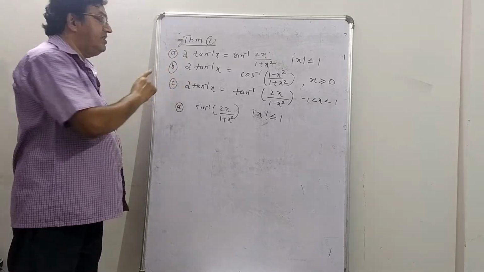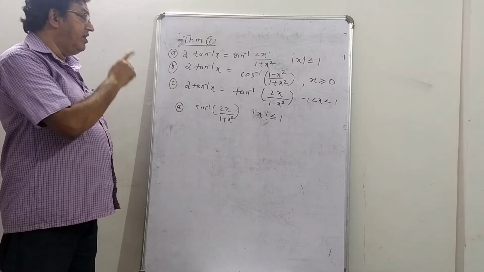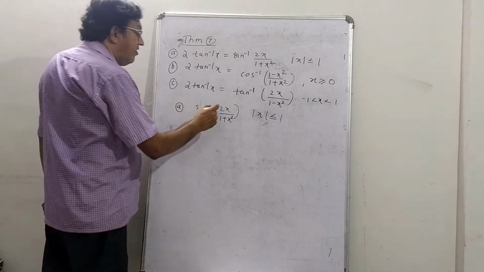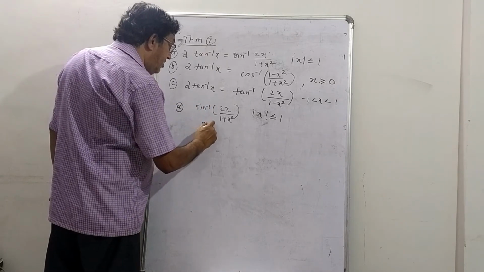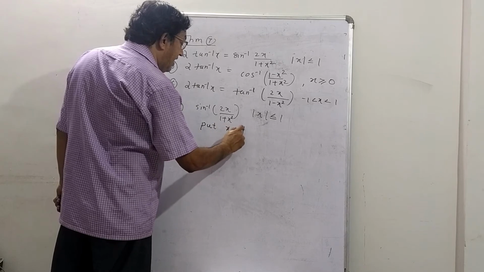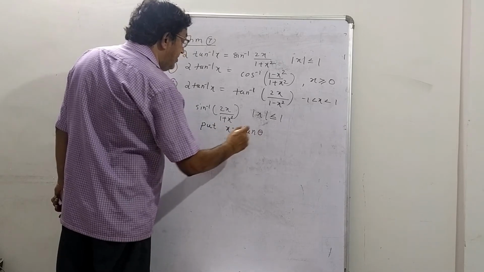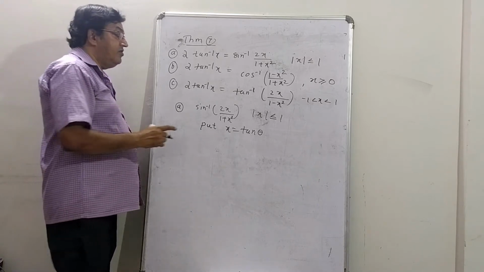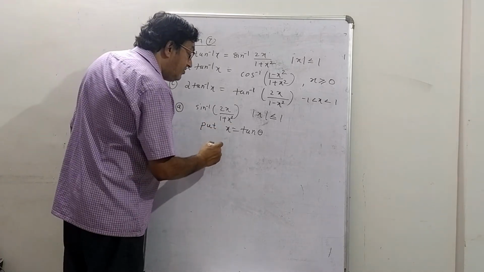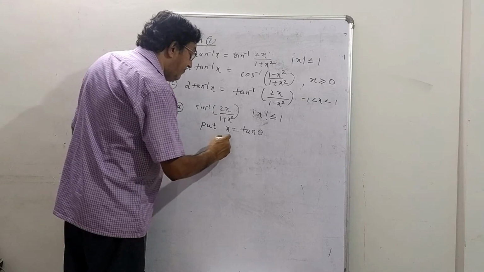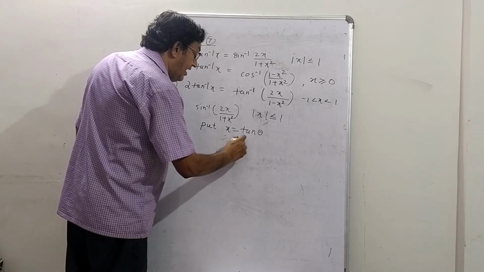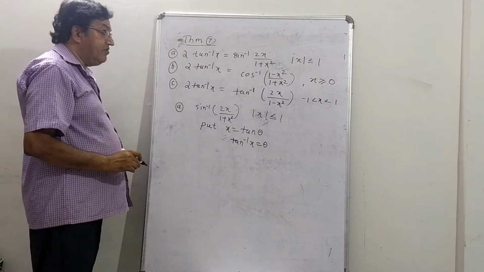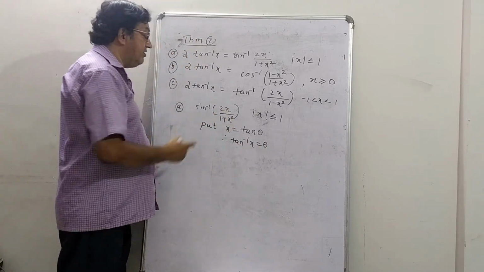Since left hand side is tan, we'll try to substitute and convert it. So I will put x is equal to tan theta. Wherever x is there, you have to replace it by tan theta. If I put x is equal to tan theta, by definition of inverse trigonometric function, tan inverse of x is equal to theta.